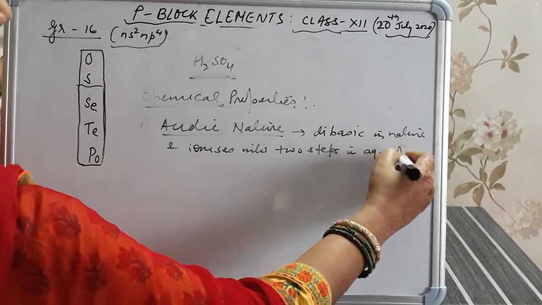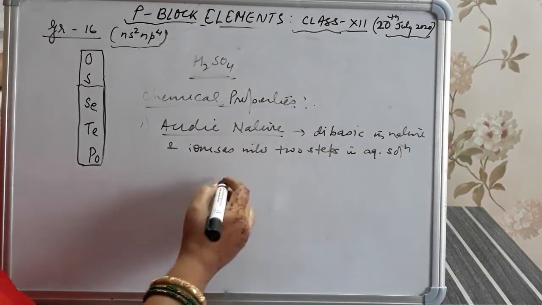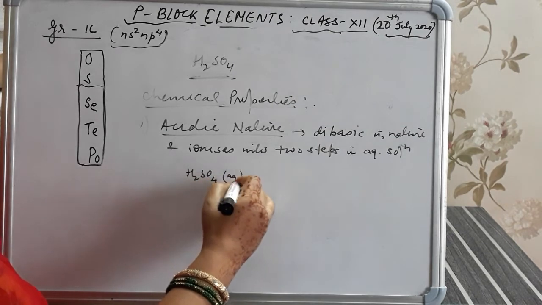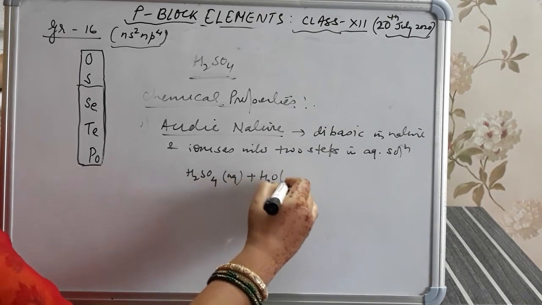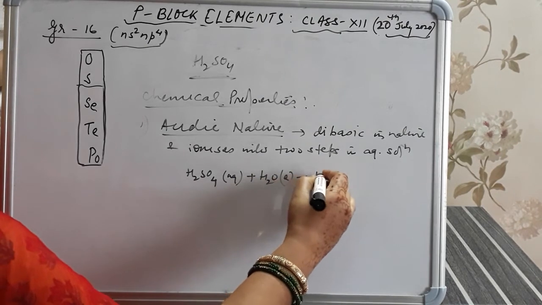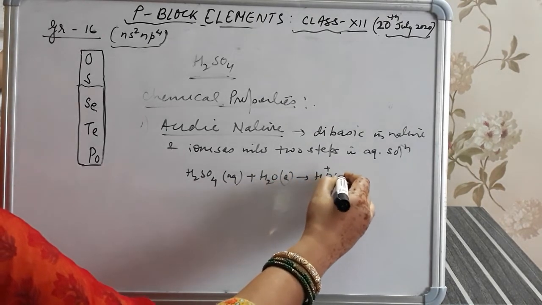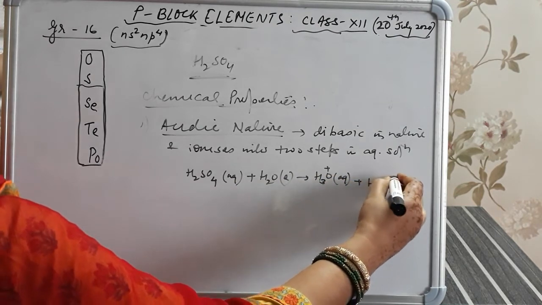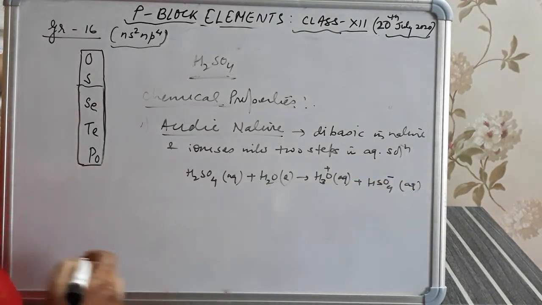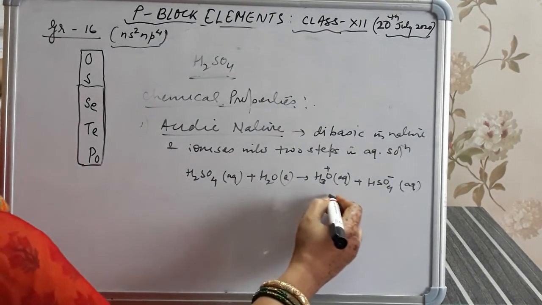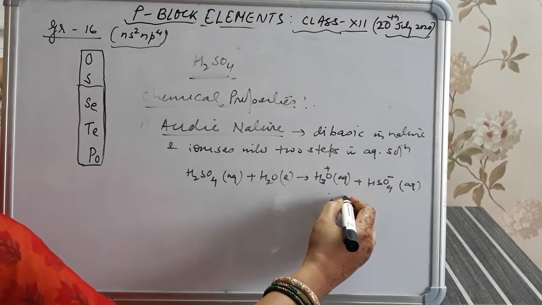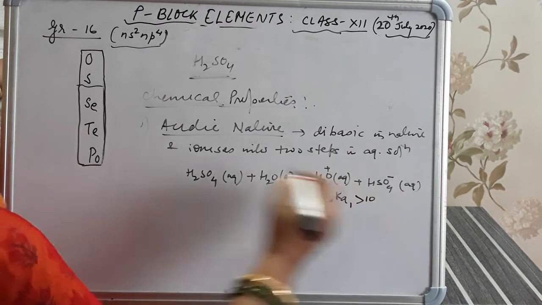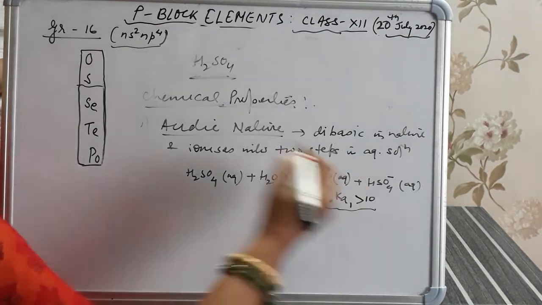in aqueous solution. Let's see at first H2SO4 in aqueous form dissolved in water. It will give hydronium ion aqueous as well as HSO4 minus in the aqueous state. Here the first acid dissociation constant is greater than 10, as found experimentally.